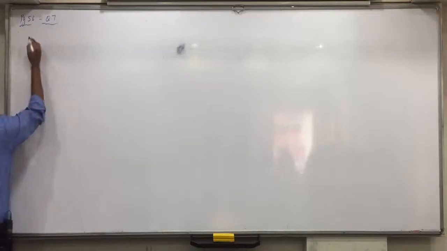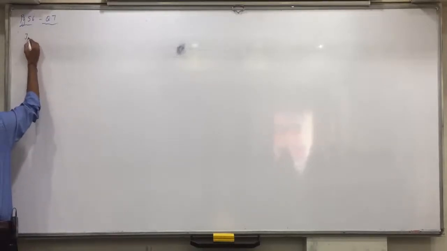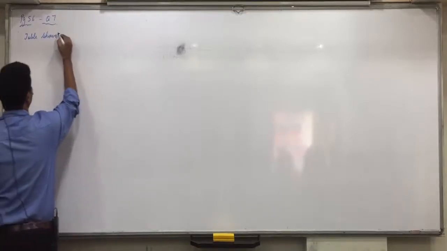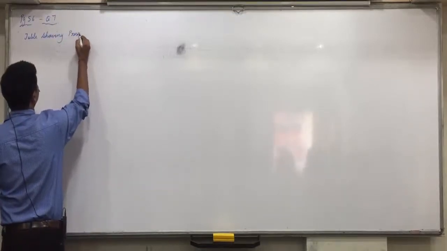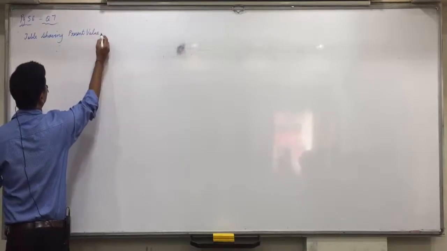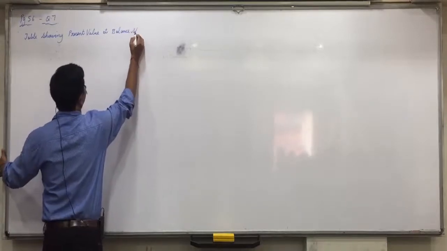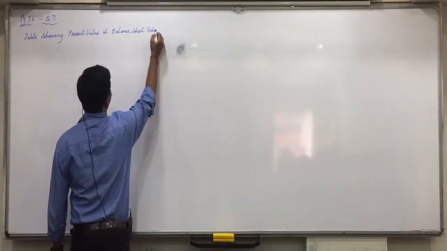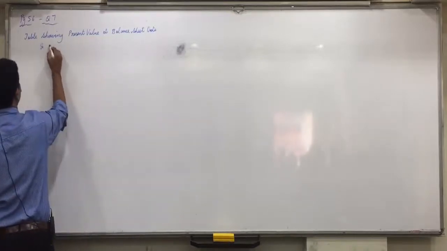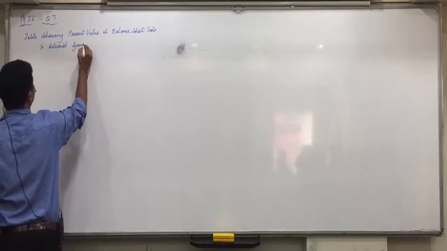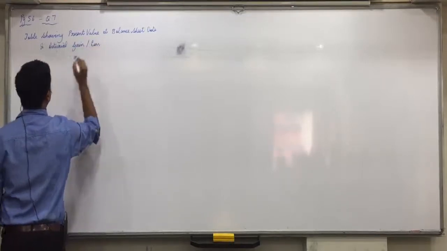Okay. Understand the columns first, many columns are there, then you make it. Table showing present value. Two things are asked: present value at balance sheet date and actuarial gain or loss.